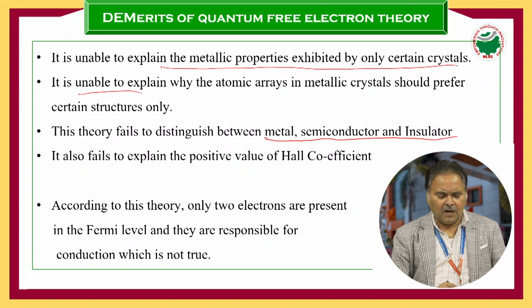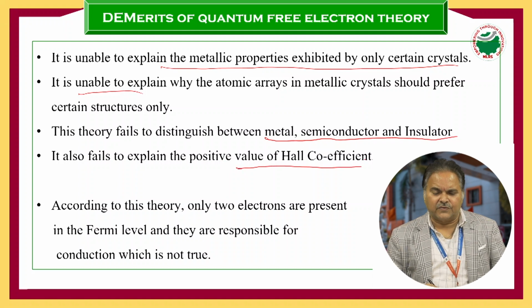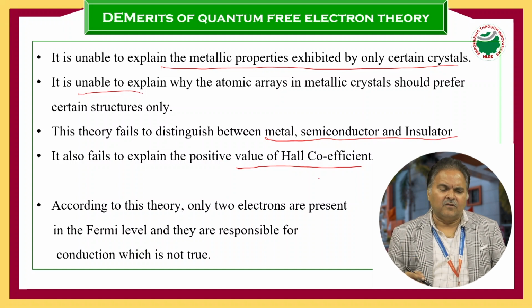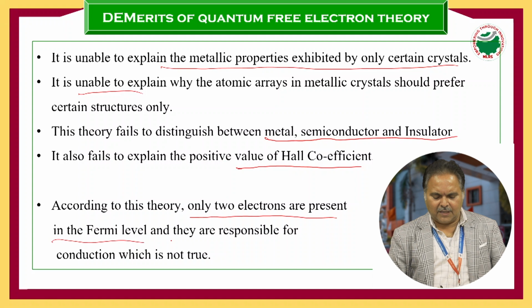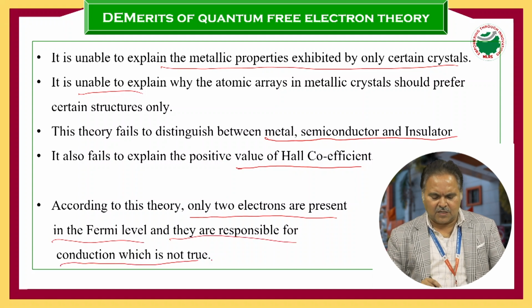It also fails to explain the positive value of the Hall coefficient. The Hall coefficient experiment defines which type of material it is, N type or P type. P type material we cannot explain using quantum free electron theory. This theory also tells that only two electrons are present in the Fermi level and responsible for conduction, which is not true.